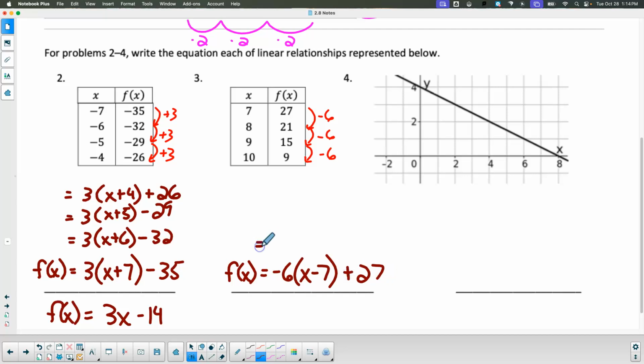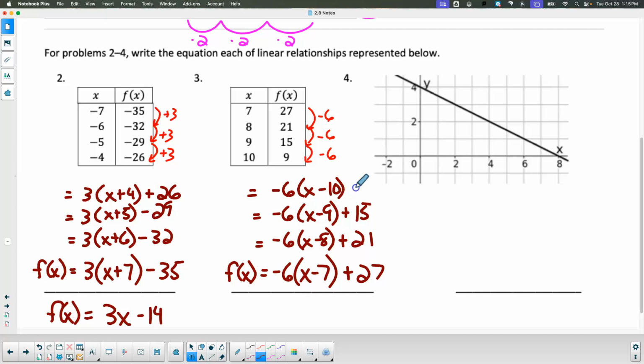Or negative 6 times the quantity x minus 8 plus 21. Or negative 6 times the quantity x minus 9 plus 15. Or negative 6 times the quantity x minus 10 plus 9.